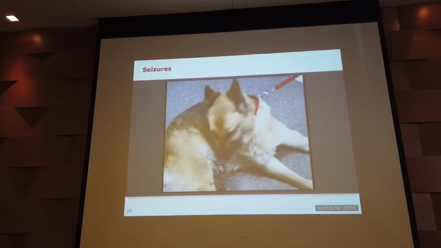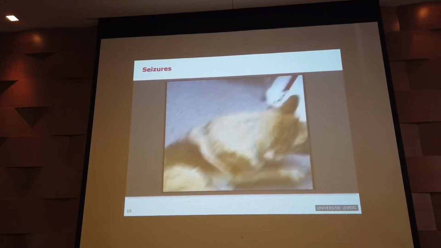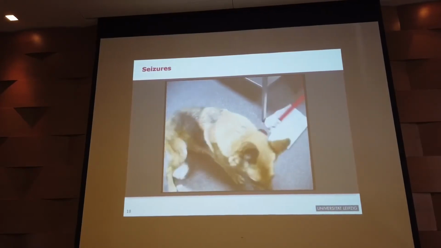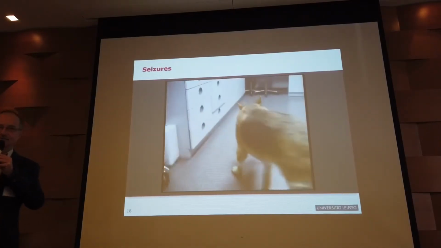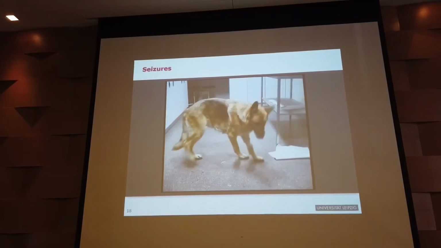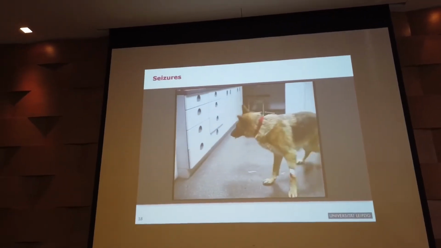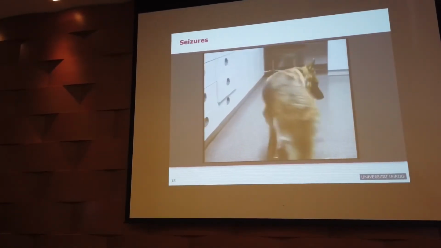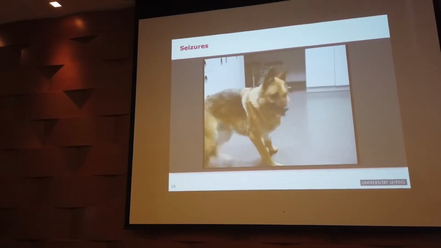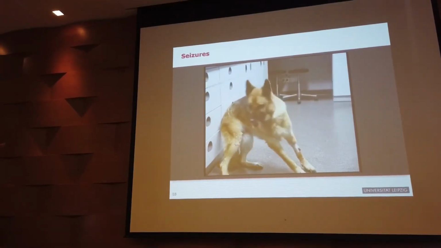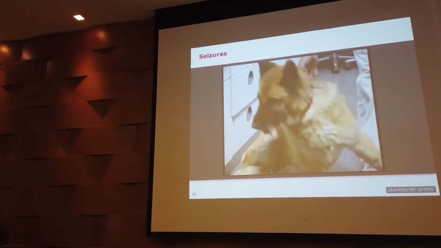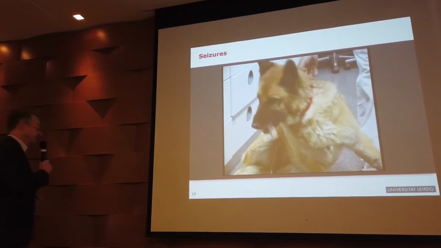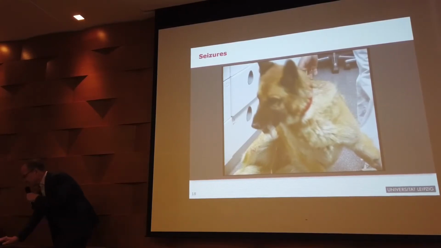We have a separate talk about that, but I can already tell you now, if you see something that is there for 1, 2, 3 minutes, and it goes along with significant salivation, it's probably a seizure. The picture changes if the dog does that for hours. Then it may have something in its mouth, a foreign body or something. But if it's 1, 2, 3 minutes together with salivation, it's usually a seizure.